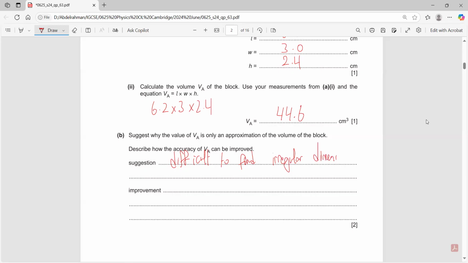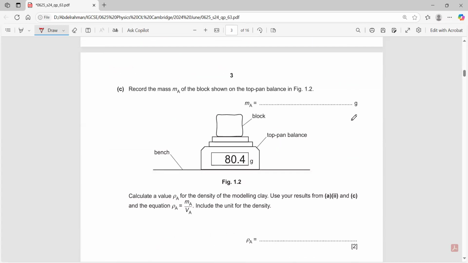How can I improve it? By repeating and taking the average.